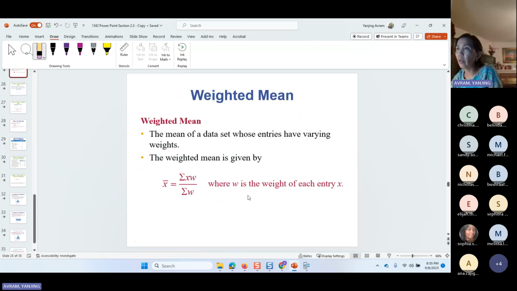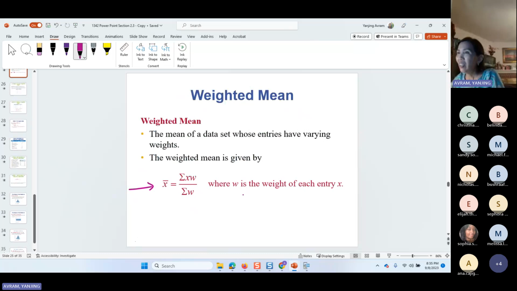How do you find your course overall grade at the end? That is called a weighted mean. I usually tell people, by the end of this course, you should be able to calculate your own course grade, because we did teach you in here.